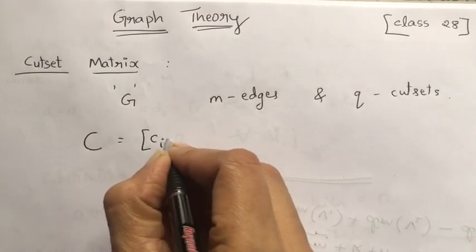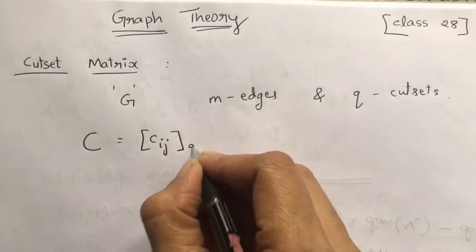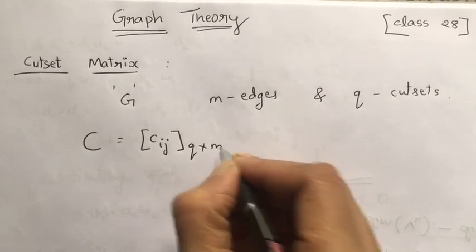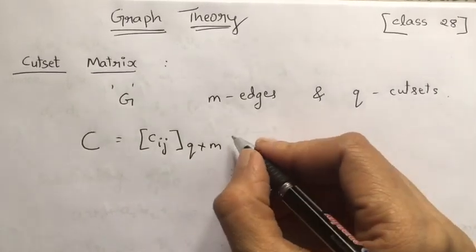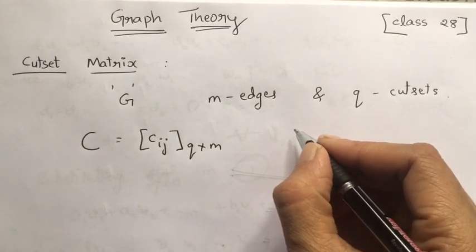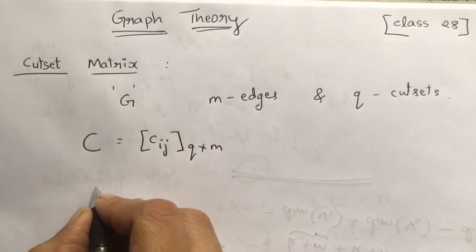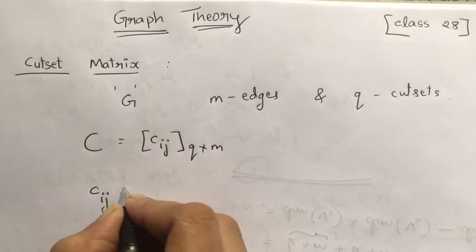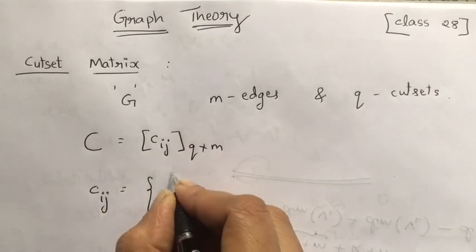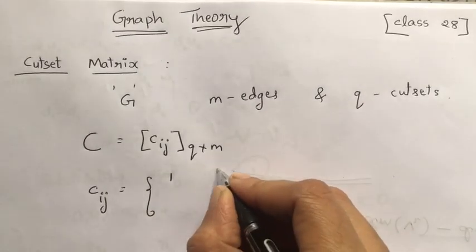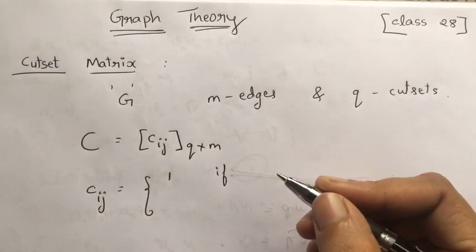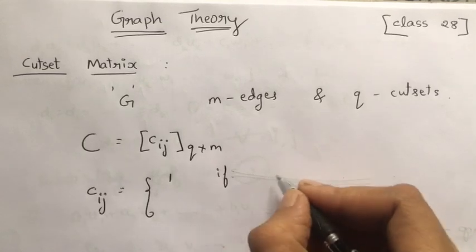Each entry Cij is a value either 0 or 1. It's a 0-1 matrix with the entry Cij equal to 1 if the ith cutset contains the jth edge.